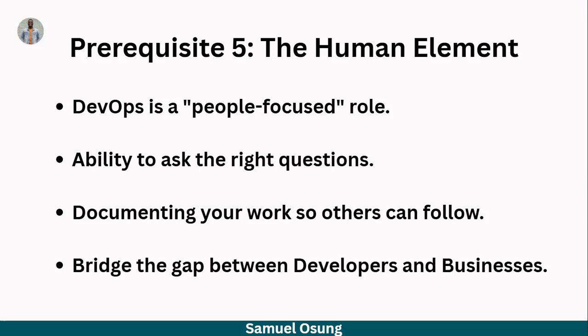So skills like clear communication, asking questions, documenting your work so that others can follow, explaining problems. These are just as important as technical skills. So now think about DevOps as a people-focused role before you even think of it as a technical one.